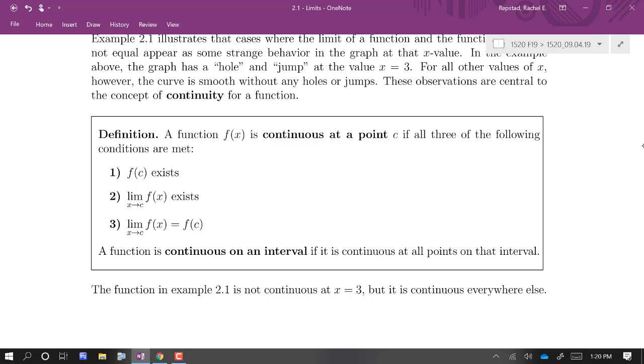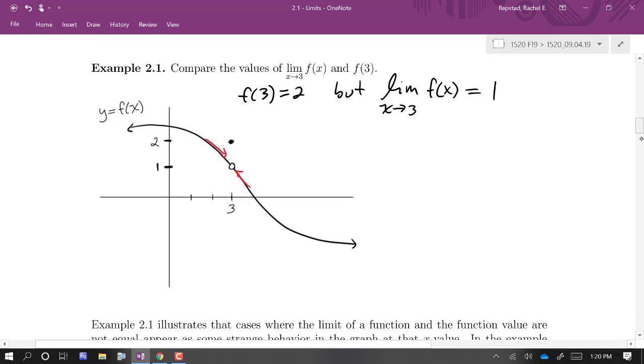I have to be able to plug it in and get an output. The limit also has to exist. And the limit has to be equal to the function value. So this is not continuous up here because it failed the third criterion, right? The first two criteria are fine. The function exists, it's 2. The limit exists, it's 1. But they're not equal, so that makes it not continuous there.